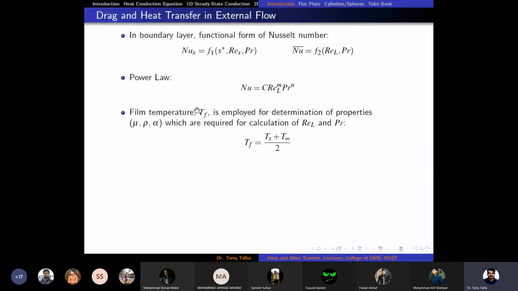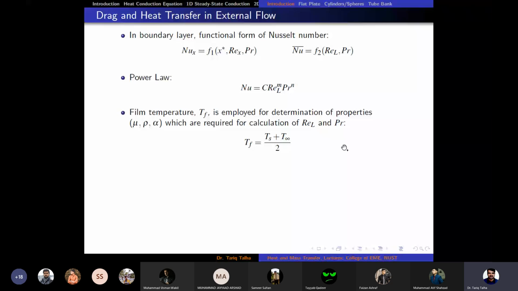For that we use film temperature, which is the average of Ts plus T infinity divided by 2. Let's suppose we are trying to cool a surface which is at 80 degrees. The air which is coming onto that solid surface is at 10 degrees. So Tf, the film temperature, would be equal to 10 plus 80 divided by 2, which is 45 degrees centigrade.